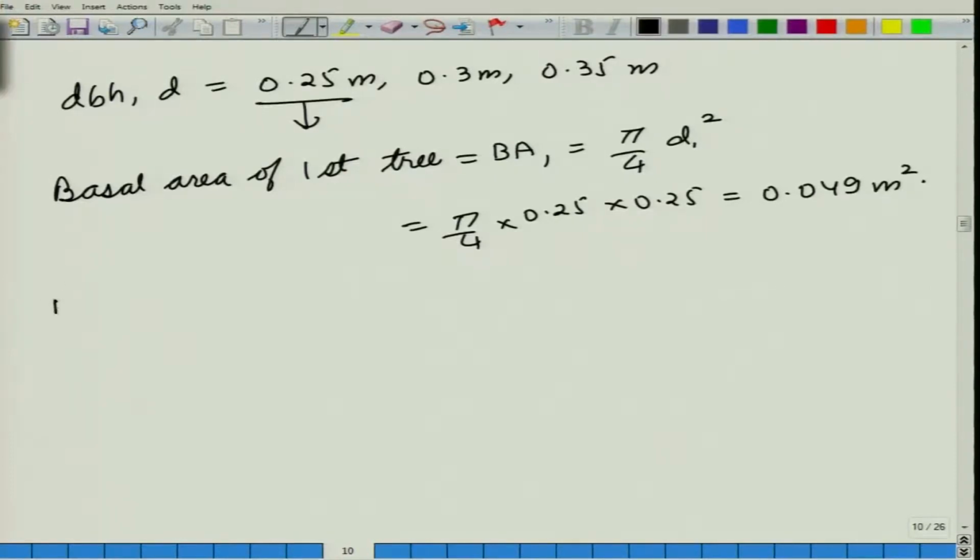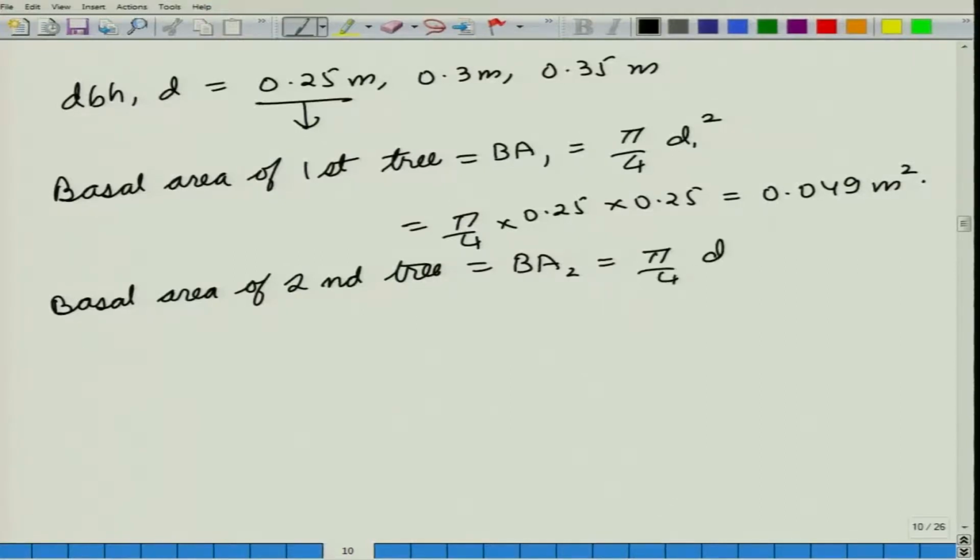Now, the basal area of the second tree is given by BA2, which is equal to pi by 4 d2 square, or pi by 4 into 0.3 into 0.3, which is equal to 0.071 square meters.